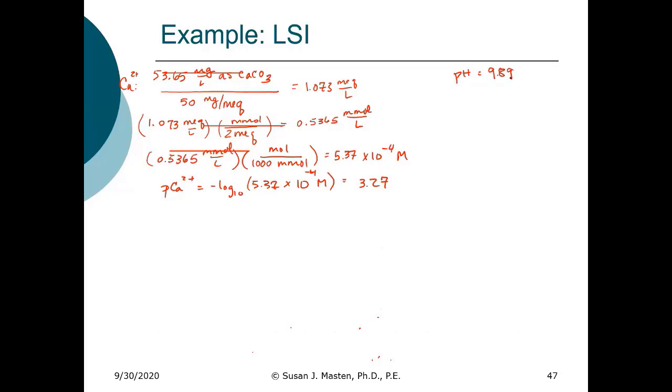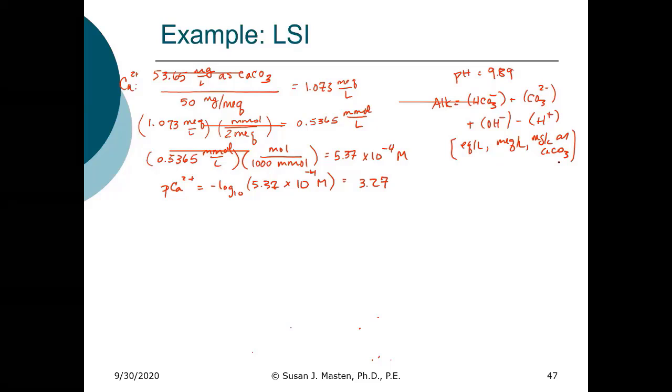Now, if you recall, we've written the alkalinity expression as equal to the bicarbonate concentration plus the carbonate concentration plus OH minus minus H plus. I've written this in units of equivalents per liter, milliequivalents per liter, and milligrams per liter as calcium carbonate, so that equation is valid for those units.